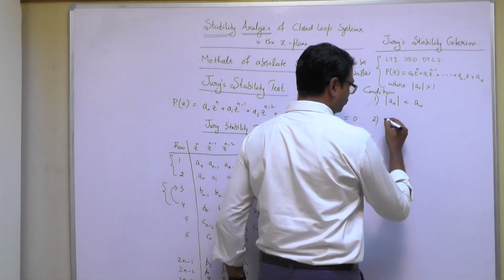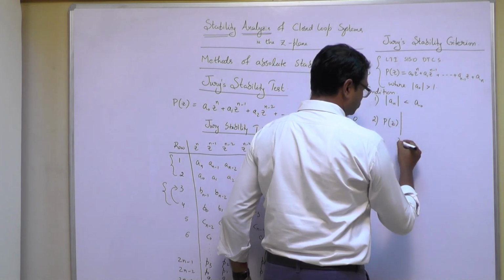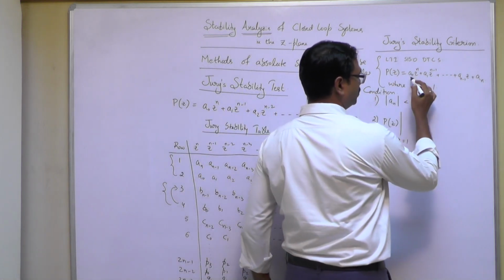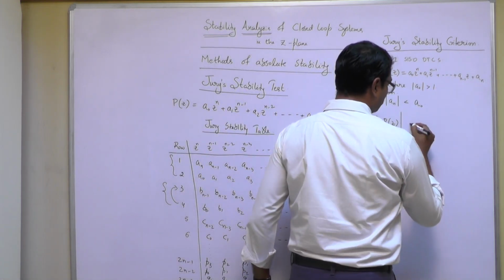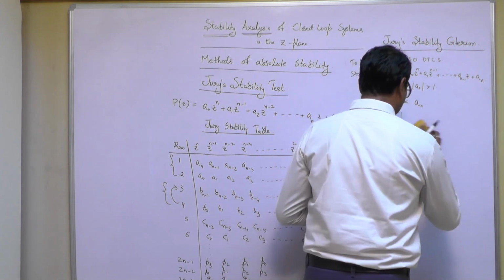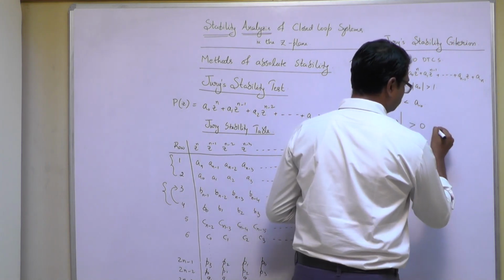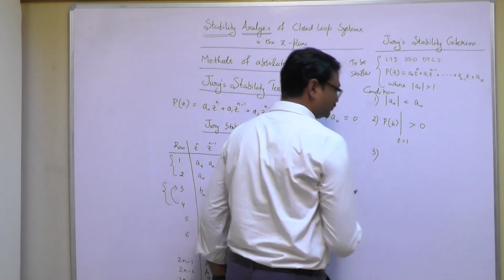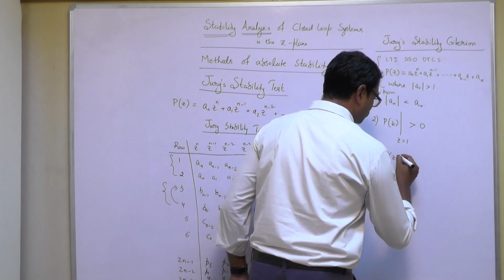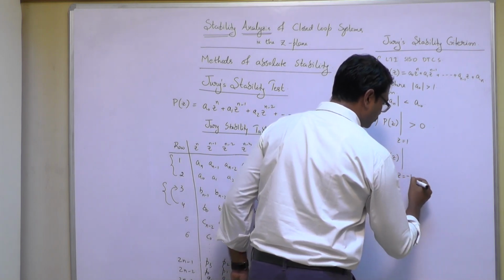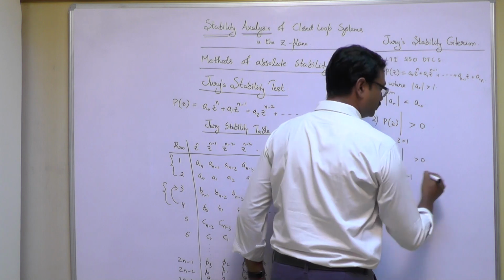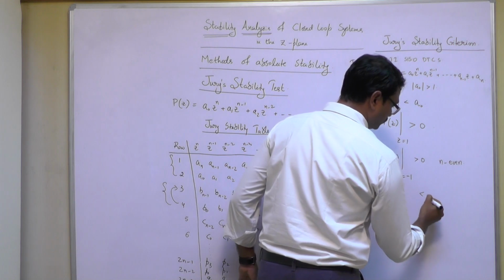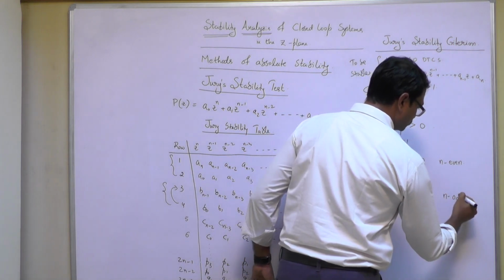Second, P of z when z is equal to 1, that is a0 plus a1 plus so on, must be greater than 0. Third condition is P of z for z is equal to minus 1 must be greater than 0 when n is even, and must be less than 0 when n is odd.